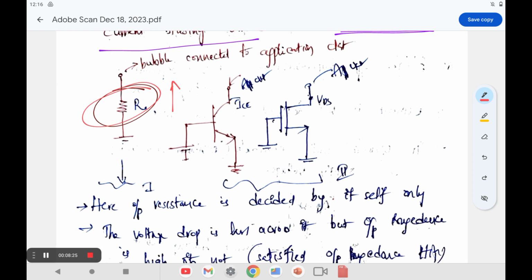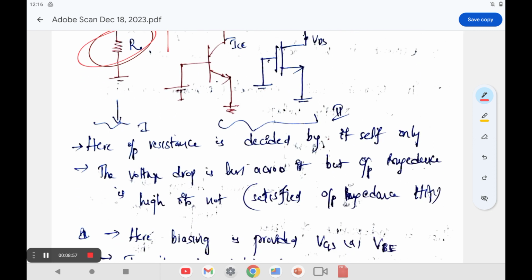So the first criterion for a current biasing element is high output impedance. If you maintain a very high resistance value, obviously the drop also increases, so that does not satisfy the first criterion. Suppose you do not increase the resistance value to the maximum, then the voltage gain also decreases. That is a limitation of the first case.